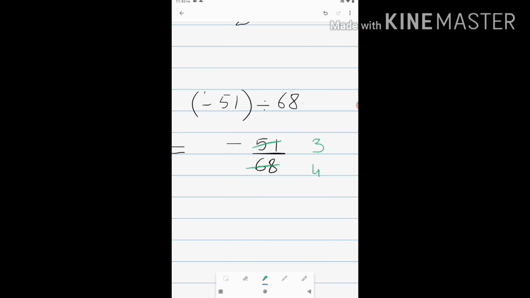Now 3 and 4 both do not get cancelled any further, so we will stop our sum here and we'll put the answer. The answer is minus 3 upon 4. So this is my answer.